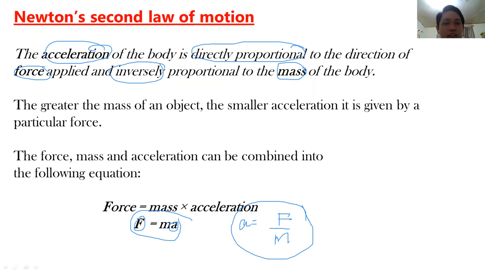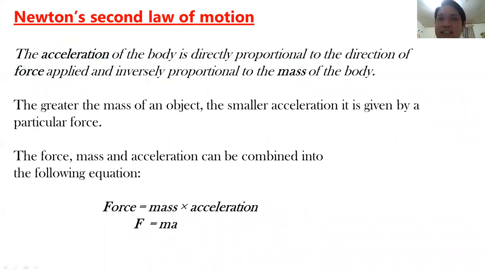F represents your resultant force measured in Newton, M refers to your mass measured in kilogram, and A represents your acceleration, measured in meter per second squared. So that's the second law of motion.